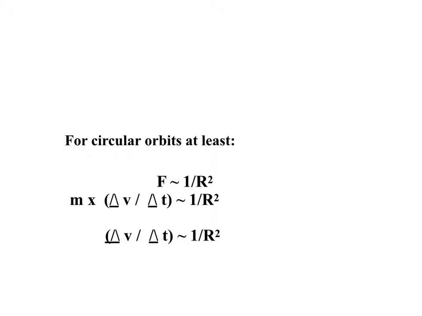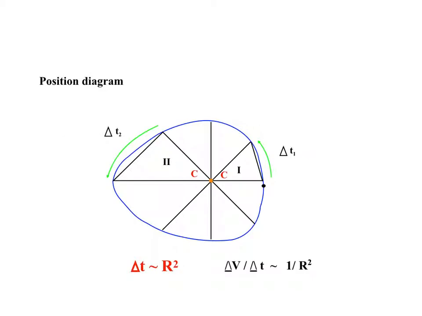Now, since force equals mass times delta v over delta t, we can see that delta v over delta t is proportional to 1 over r squared. So now we have these two statements of proportionality shown at the bottom here, and we can combine them by multiplying the left sides and multiplying the right sides.